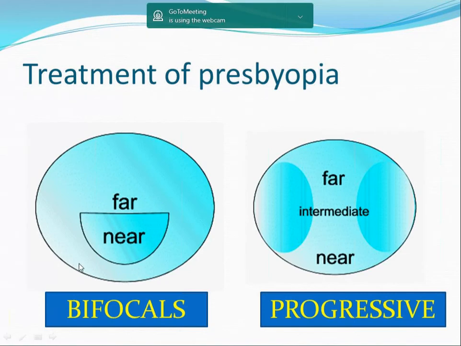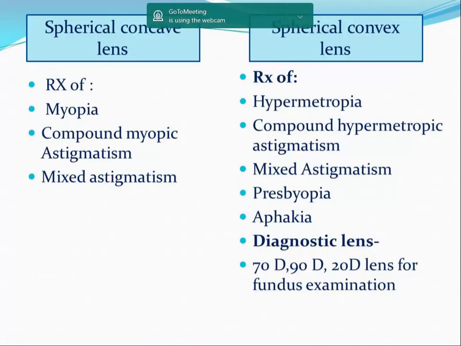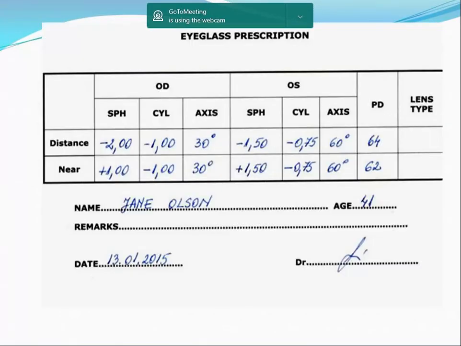In the right eye, it was -1.5 in the distant segment, and in the near segment it is +1 because they have added +3. The cylinder remains the same even in the near segment. This is important: only the spherical gets added. The cylinder remains the same. So this is how you write a glass prescription.